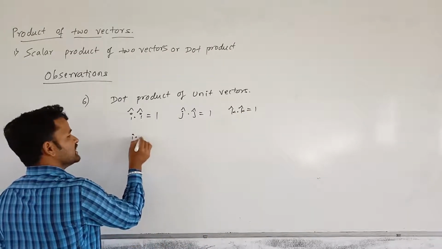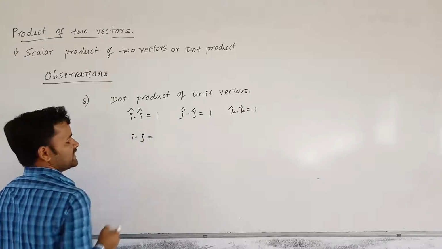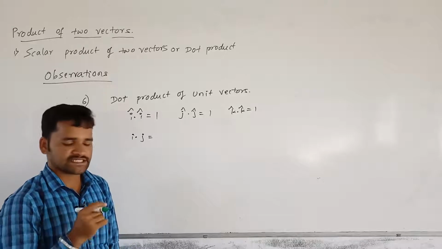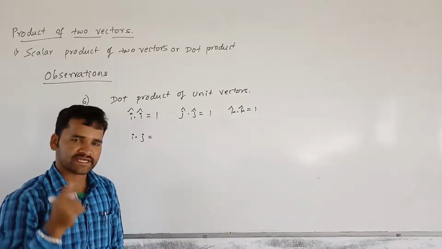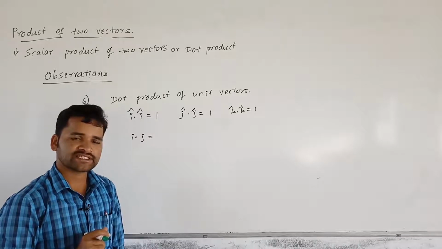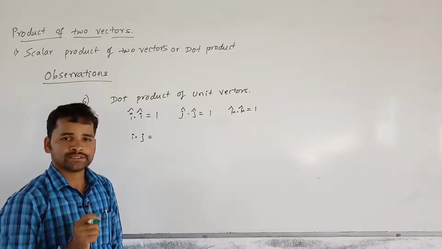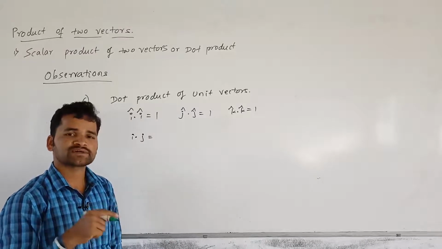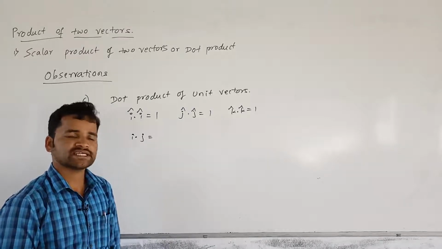What about i dot j? i is a unit vector along the x axis, j is a unit vector along the y axis. What is the angle between those i and j? The angle between i and j is 90 degrees. So here it is magnitude of i into magnitude of j into cos 90. Cos 90 is 0.